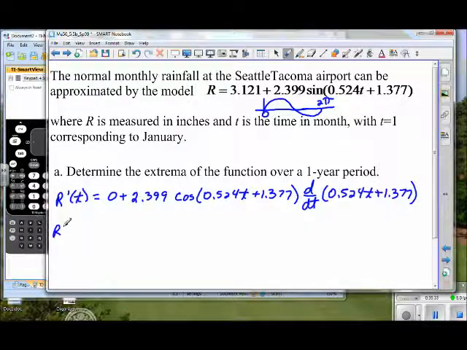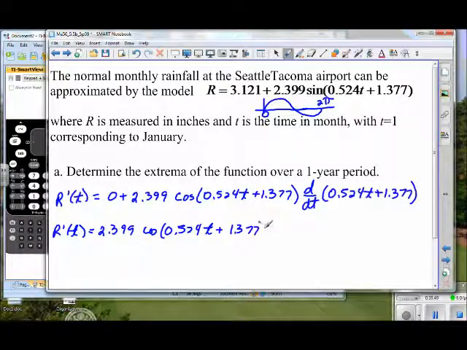So our derivative would be 2.399 times the cosine of 0.524t plus 1.377, times the derivative of the inside function, which is 0.524.